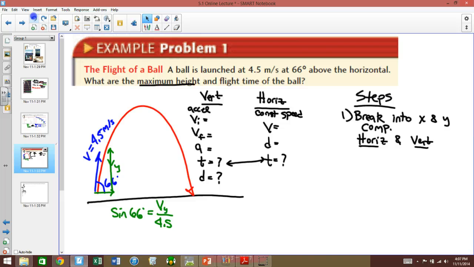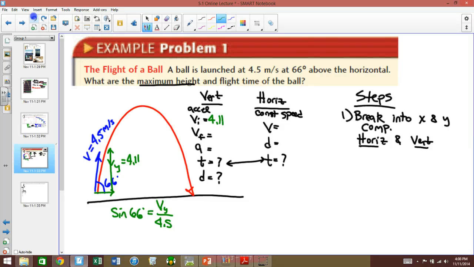So you just pull up your calculator and you take 4.5 times the sine of 66. And you get 4.11. That's my vertical initial velocity, 4.11 meters per second.